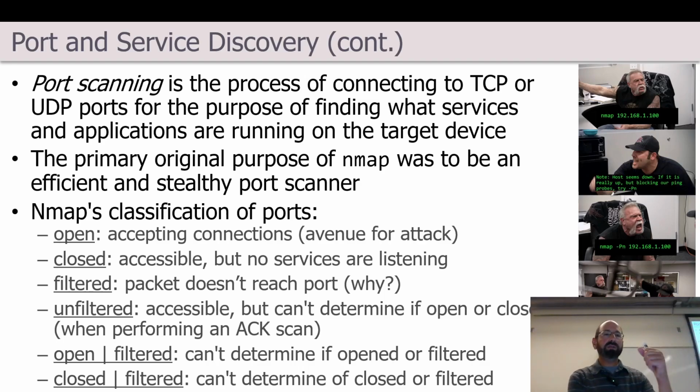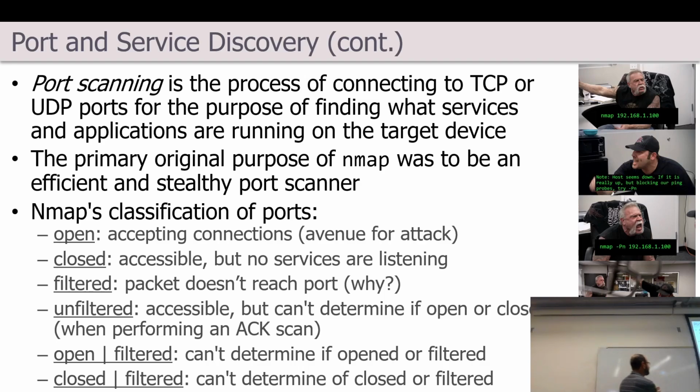And while we tend to think of the ports running on a system as being either just open or closed, open meaning waiting, listening for a connection, closed, not waiting, not listening for a connection, Nmap at least differentiates between several different states that a port could be in and has several different types of classification.